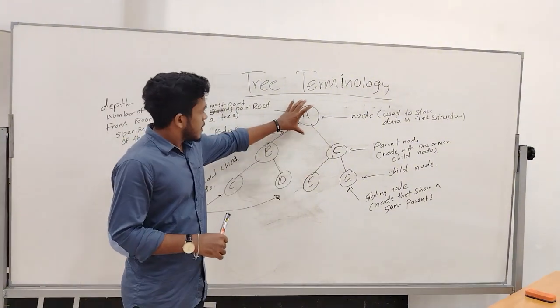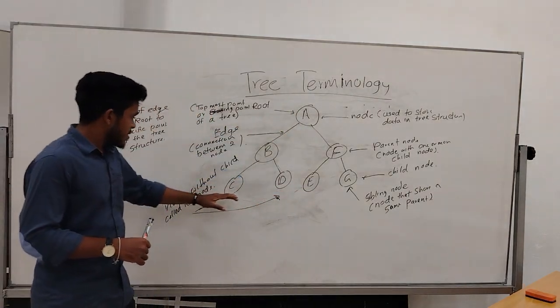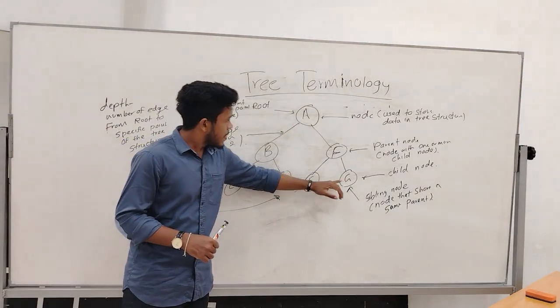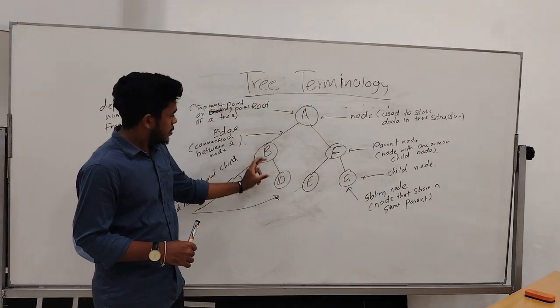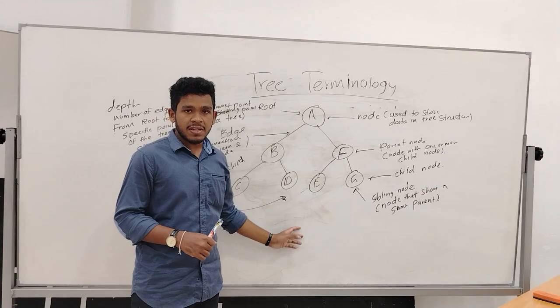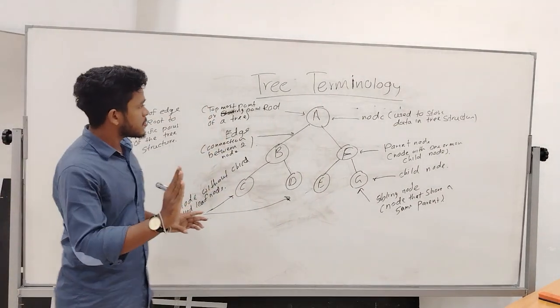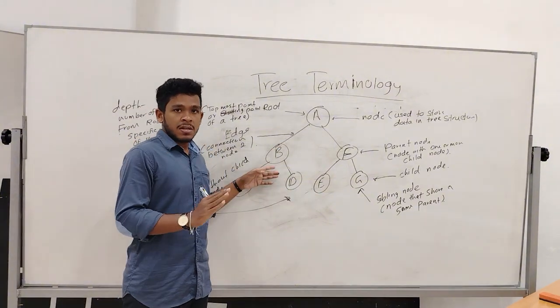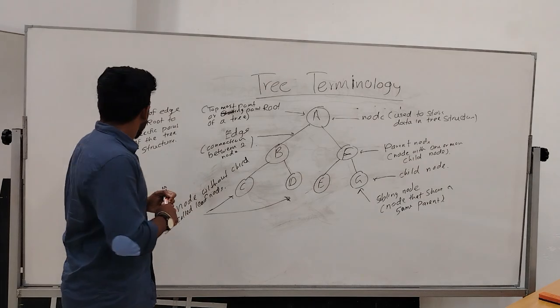So from root to the final level is this. So the height is 1, 2. So the height of this tree is 2. So 2 is the longest path in this tree structure.